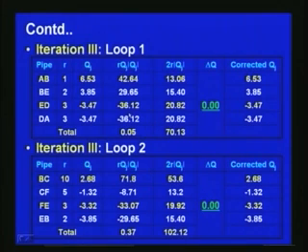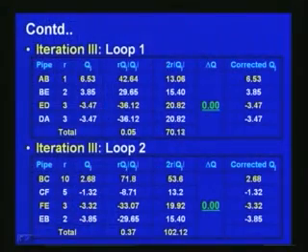RQJ QJ will be 0.05, and the summation of 2RQJ will be 70.13. So this will be almost equal to 0, 0.00 something. You can take it that it has almost converged.